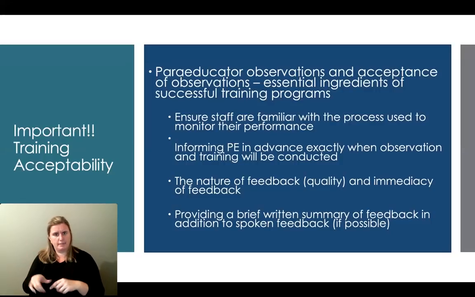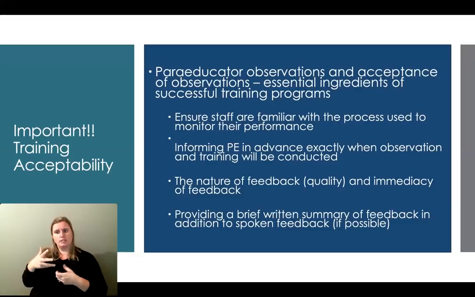The nature of feedback, its quality and immediacy, is also very important, and providing a brief written summary of the feedback in addition to spoken feedback gives them a place to go back and review the information provided.